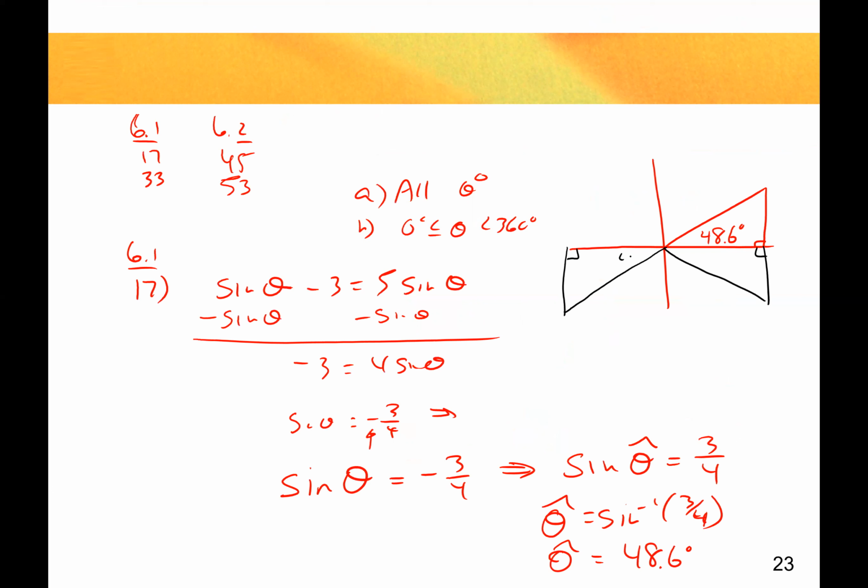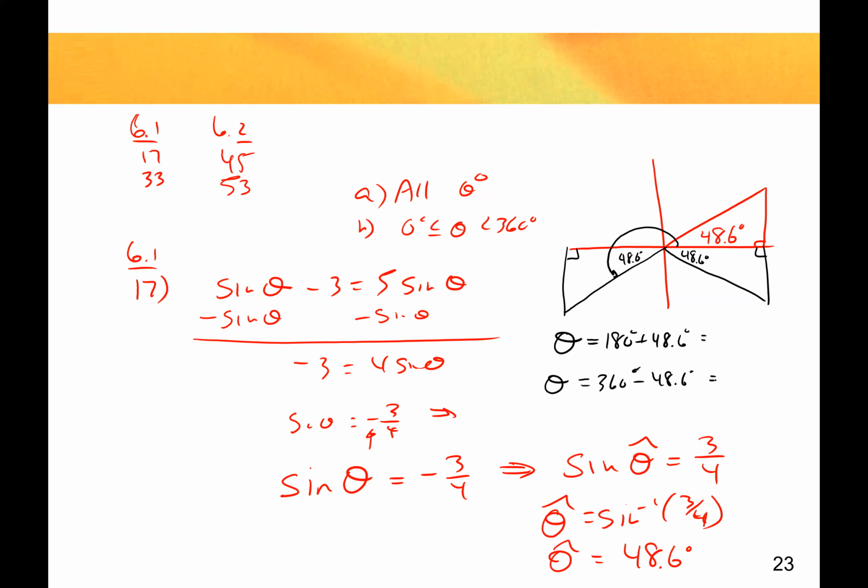So I'm looking at 48.6 degrees as a reference angle in quadrant 3 and in quadrant 4. Then that angle would be 180 degrees plus 48.6, whatever that's going to be. And in quadrant 4, it's going to be 360 minus 48.6. That's what we do to get angles there.